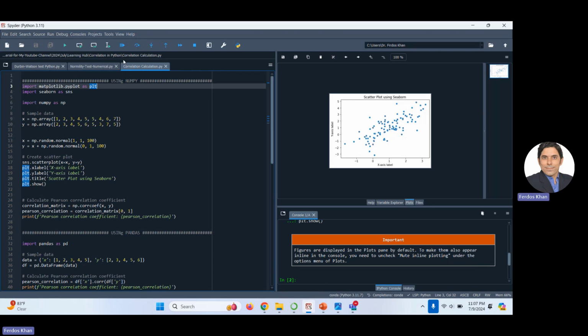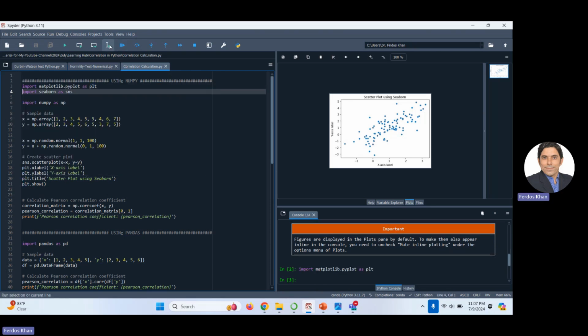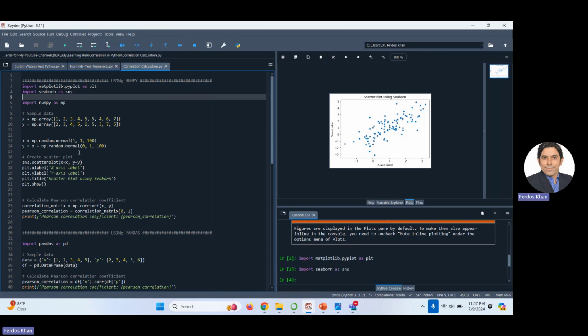This is just for plotting purposes, because I'm doing a scatter plot here like this one. And numpy is for generating this data and calculating the correlation.